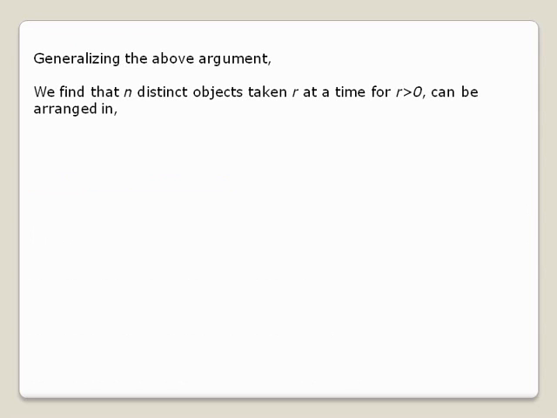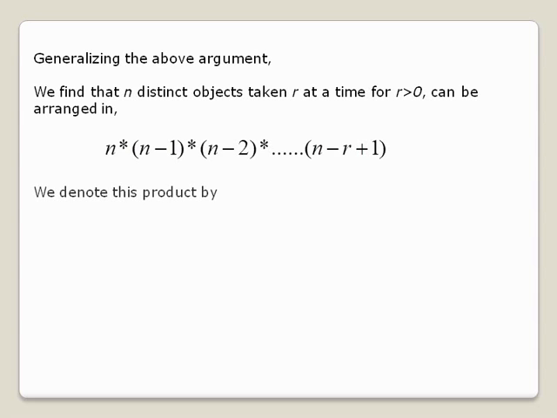If we generalize this argument, we find that n distinct objects taken r at a time, where r is greater than 0, can be arranged in n times n-1 times n-2 times, down to n-r+1 ways. We denote this product as n permutation r, or nPr.